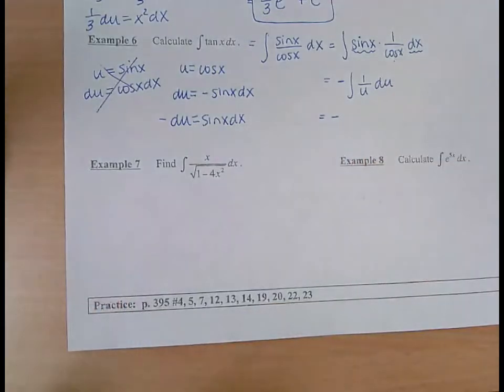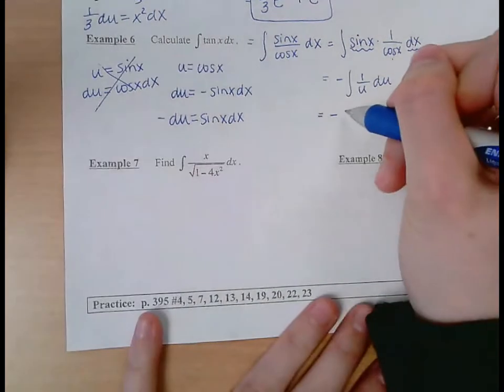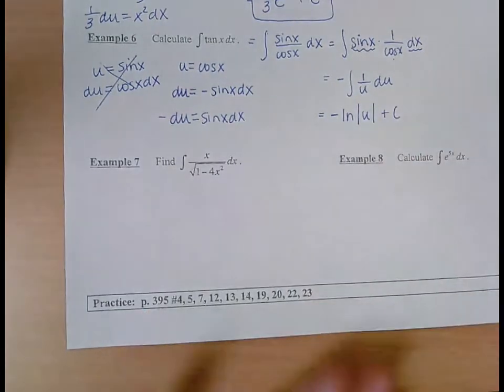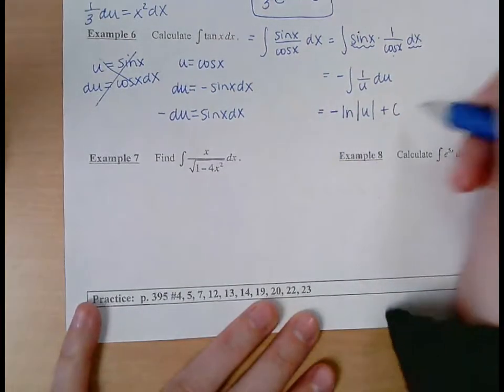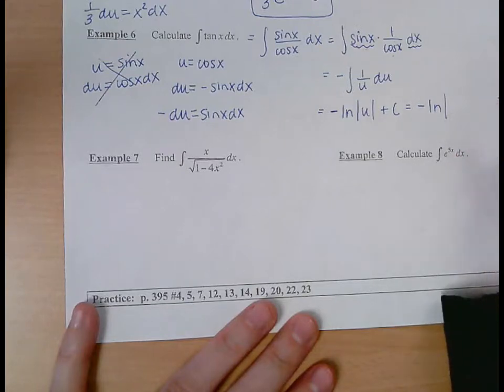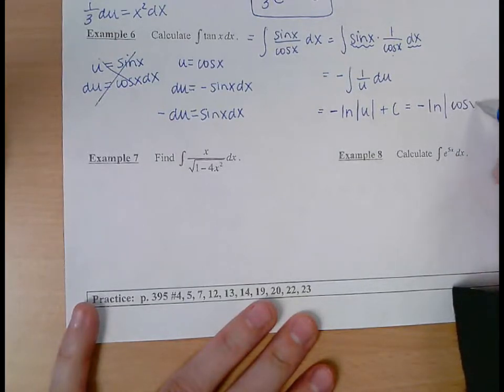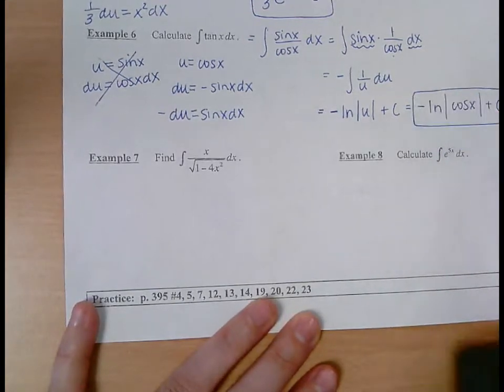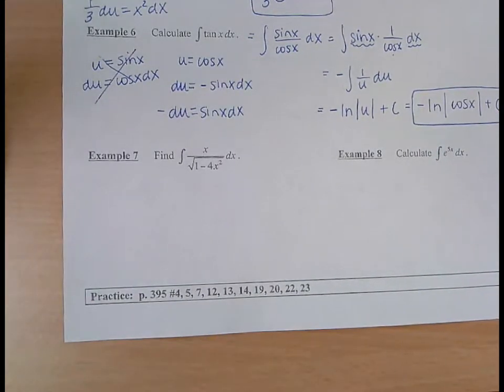So I have negative, what's the antiderivative of 1 over u? Natural log of the absolute value of u. So negative natural log of the absolute value of cosine of x plus c. Yes, this is the antiderivative of tangent.